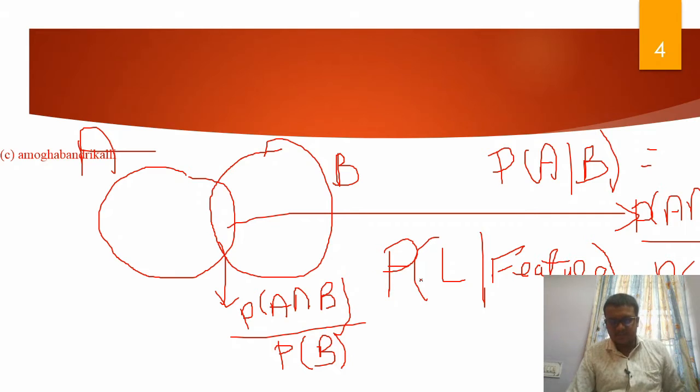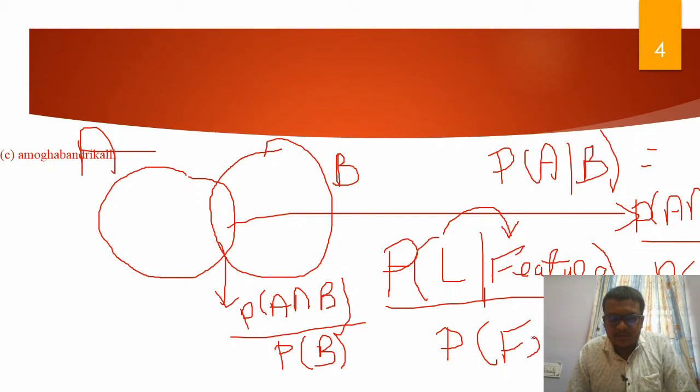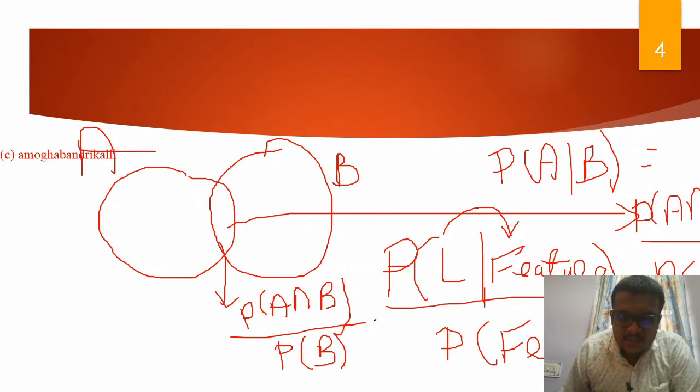The occurrence of a label in the features, divided by the probability of features. So this is the Naive Bayes equation.